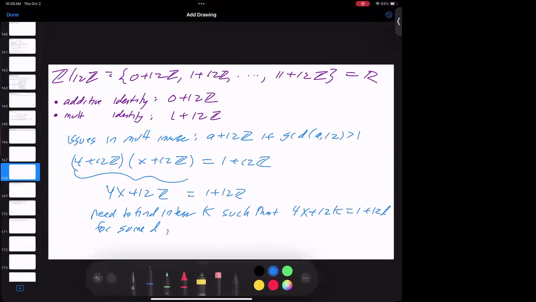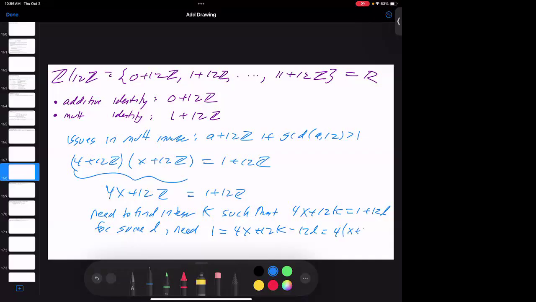So we need 1 to equal 4x plus 12k minus 12l, which is 4 times (x plus 3k minus 3l). Is there any way to find a choice of x, k, and l such that this equals 1? No. Why not? Right, the right-hand side is a multiple of 4, and the left-hand side is just 1.